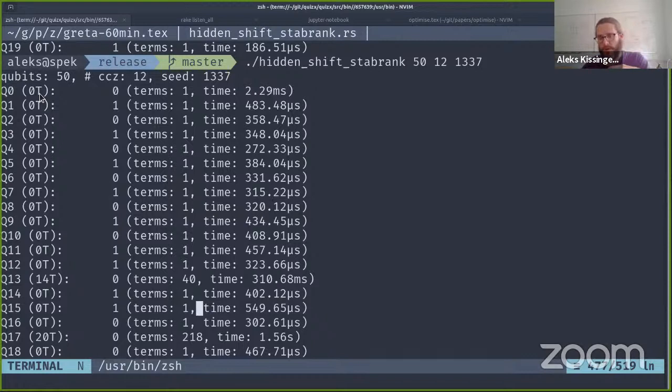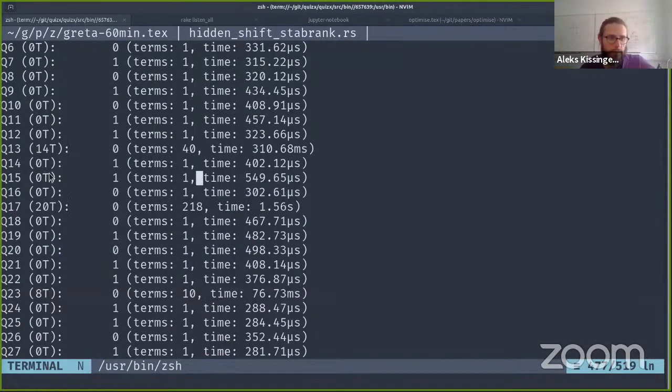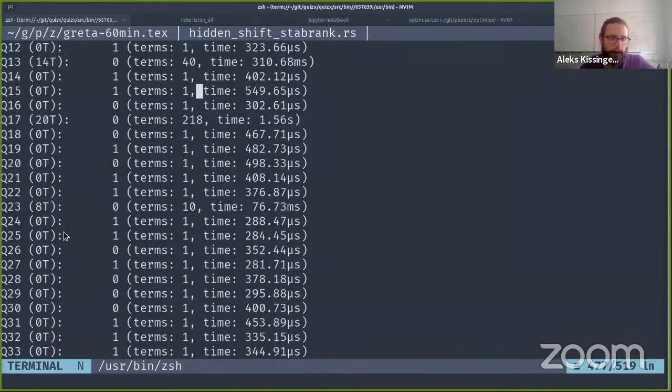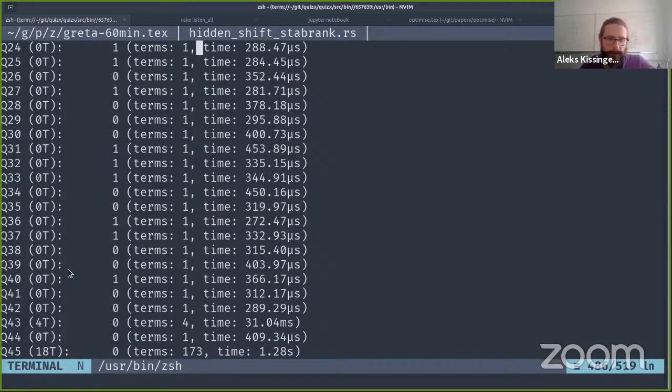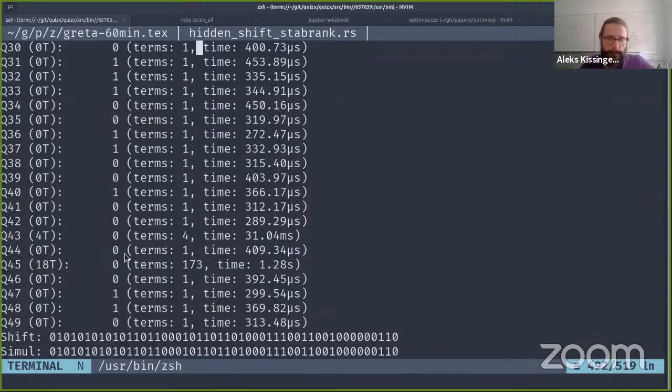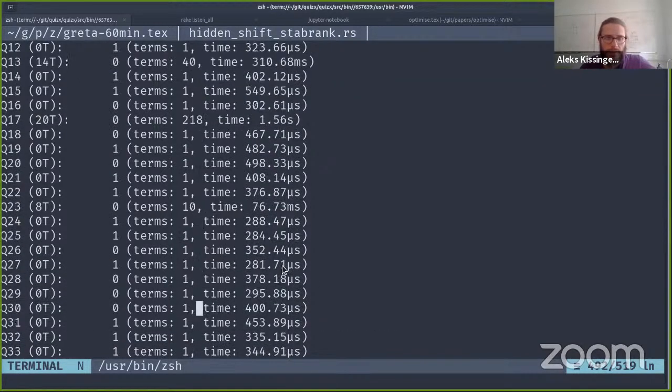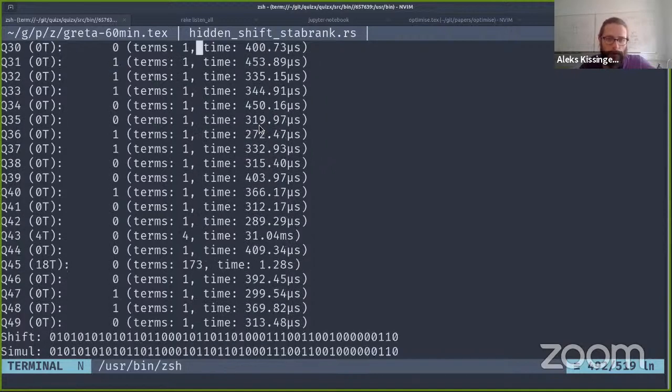Then I start decomposing and reducing greedily as I go. You see in a lot of these cases, I actually managed to kill all of my T gates right at the beginning. In some of these cases, I have 14, 28, something like this. And these things are simulated fairly easily. This is probably the longest one. It takes a little over a second.